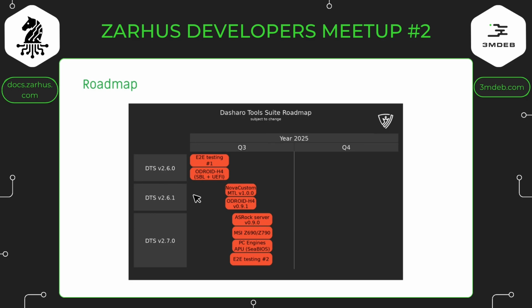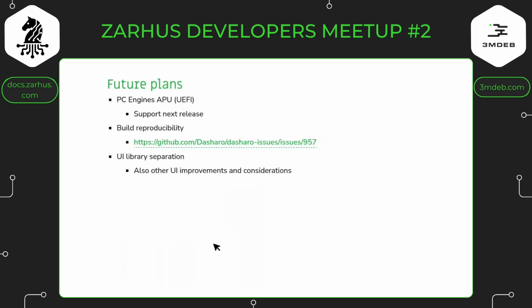And somewhere closer to the end of this quarter, hopefully before the CubeSOS Summit in September, we have one other release planned, which should cover hopefully ASRock server, which is not released yet in terms of the Dasharo firmware, and also updates to existing platforms like MSI, PC Engines, as well as a finalized version of this end-to-end testing, which should allow us to move to the future.